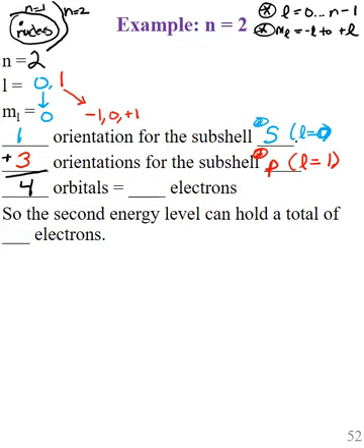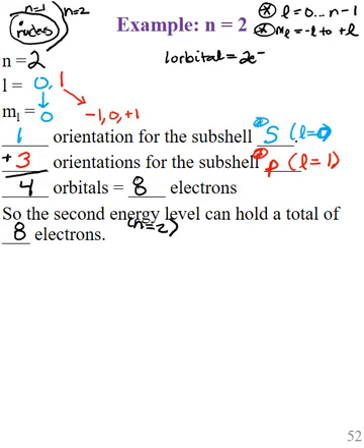So if I have 4 orbitals, and keeping in mind one orbital can only hold 2 electrons, how many electrons can I have? I can have 8 electrons. So that means the second energy level, n equals 2, can hold a total of 8 electrons.